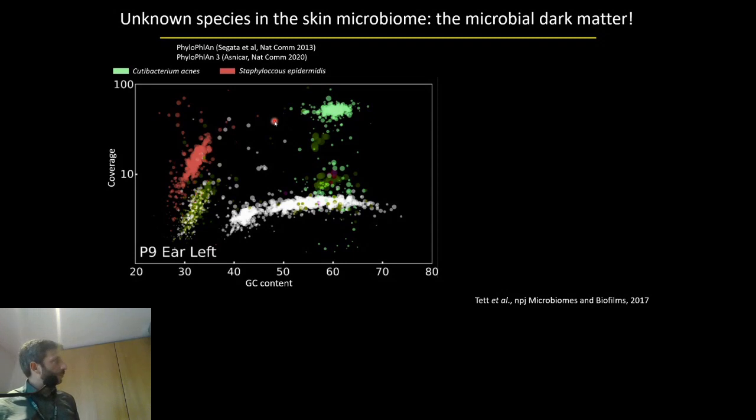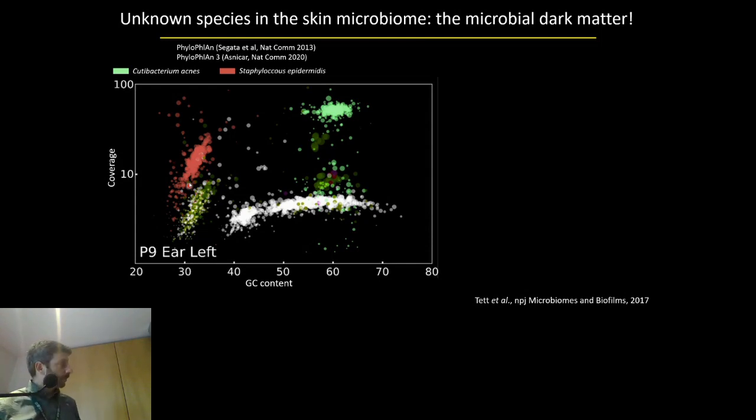So up here, we have Cutibacterium acnes, a bacterium that we all have on our skin, very abundantly, at almost 80 or so X coverage. This is the typical GC content of Cutibacterium acnes. Here we have Staphylococcus epidermidis, but what I wanted to focus on in this slide is all the white bubbles here, that are representing contigs that are not matching any known bacterium in NCBI.